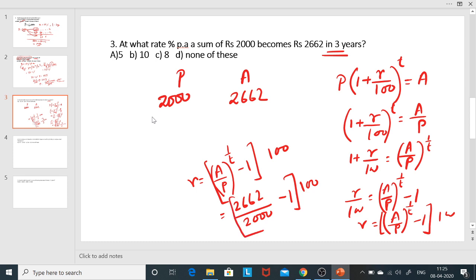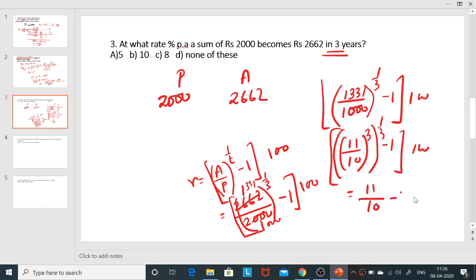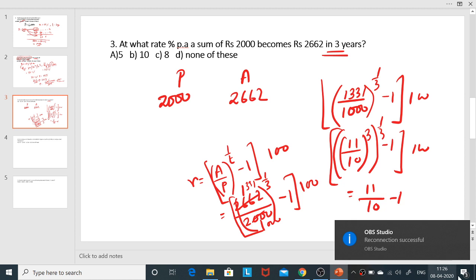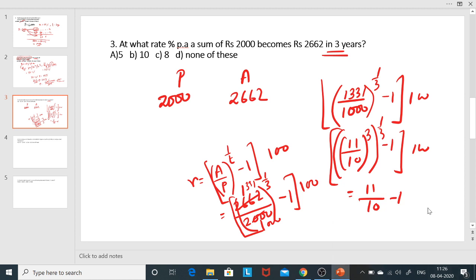Okay, so if you cancel it, then you will have 11 by 10 minus 1 into 100. So it is 1 by 10 into 100. So it is 10%. That's your answer. So your answer for this question is 10%.